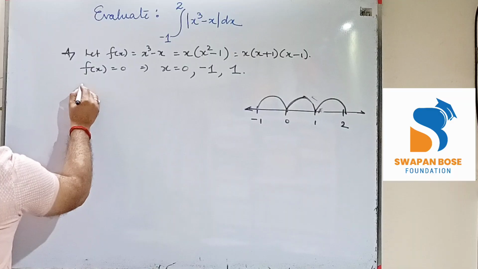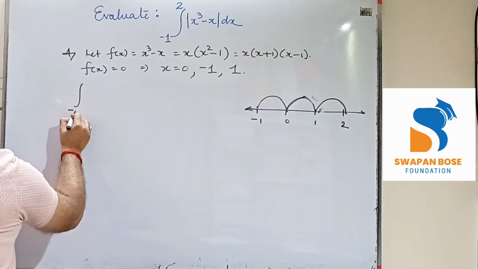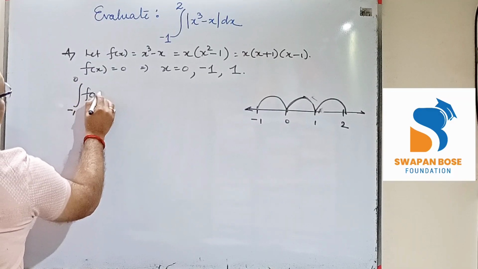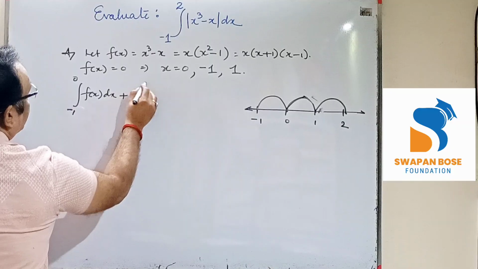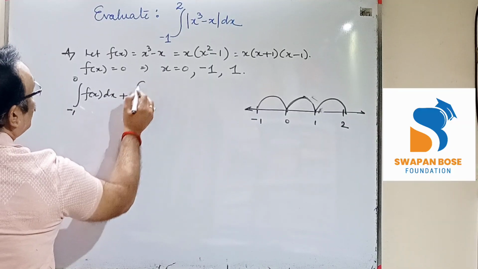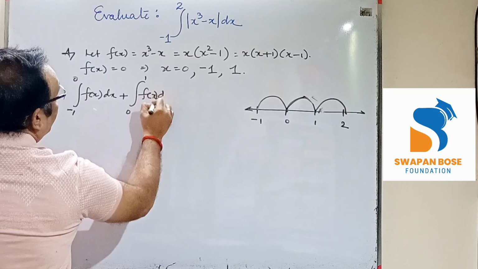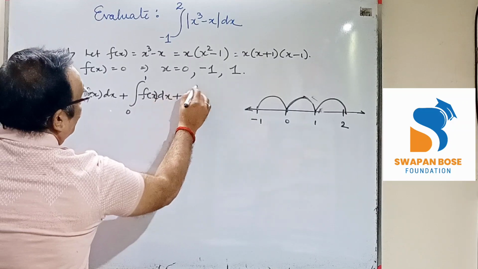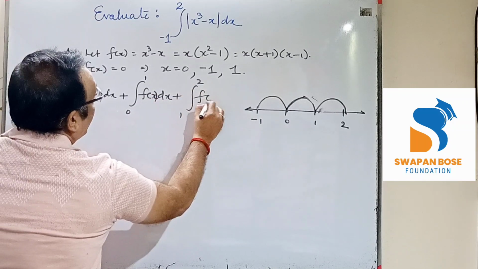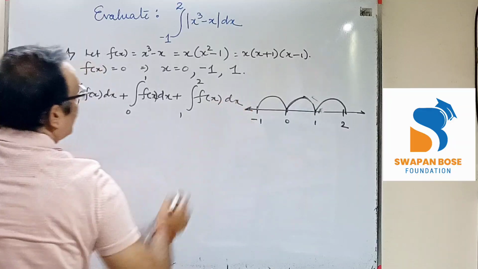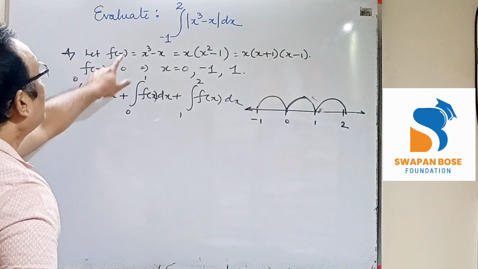So we can write this as the integral from minus 1 to 0 of f(x) dx, plus the integral from 0 to 1 of f(x) dx, plus the integral from 1 to 2 of f(x) dx. Now which one will be the function?